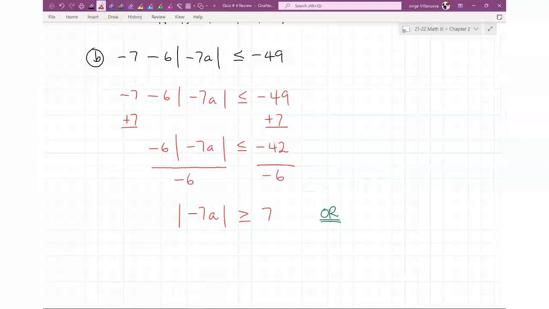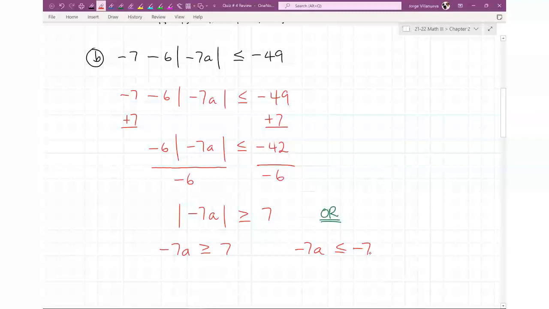Let's go ahead and start solving. So I'm going to start with -7a greater than or equal to 7, and -7a less than or equal to -7. Remember, I got to switch the symbol and I got to change the sign on the number. And this one's pretty easy. Just divide both sides by -7.